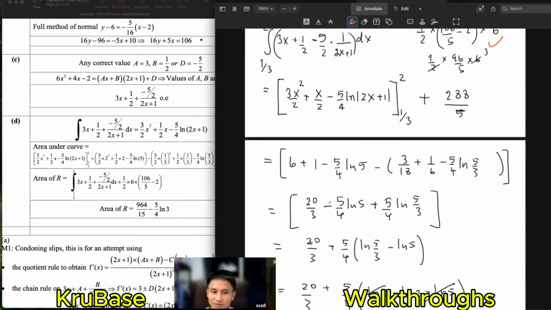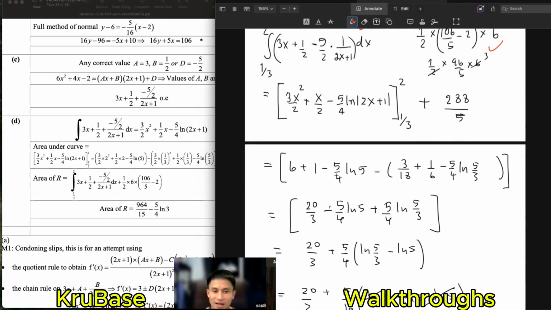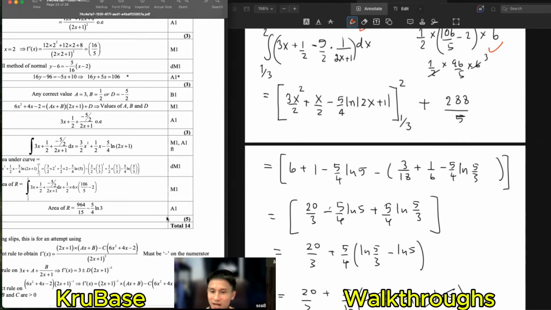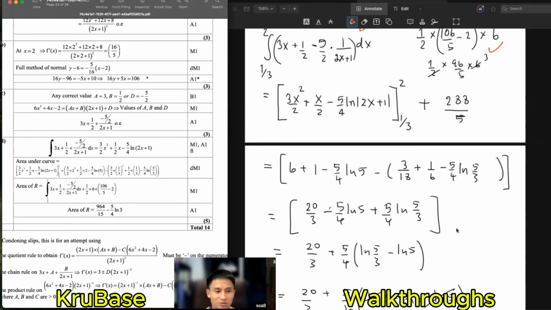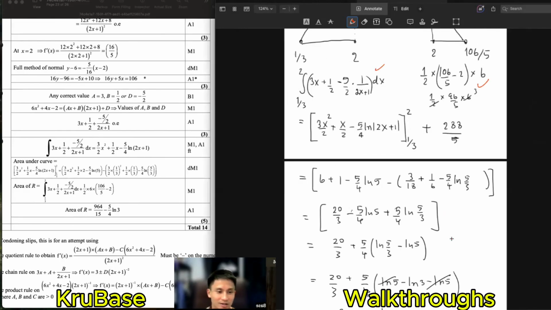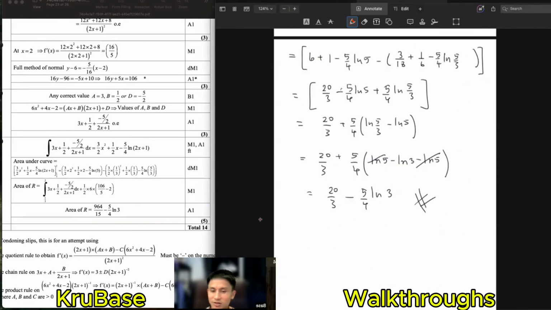This is not a simplified form of that, so I don't know what happens there. Maybe I did make a mistake. Maybe this might be wrong. Okay, I put in the calculator wrong basically. So I lose an accuracy mark here. Just the one. So just minus 1.